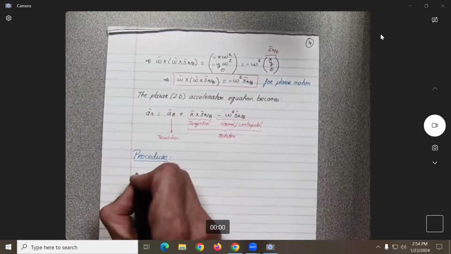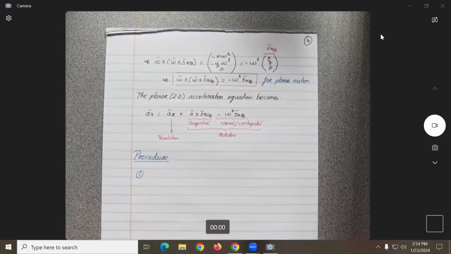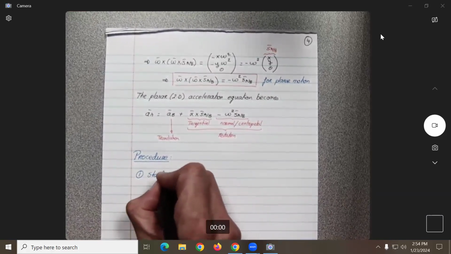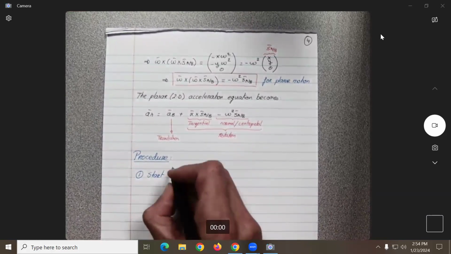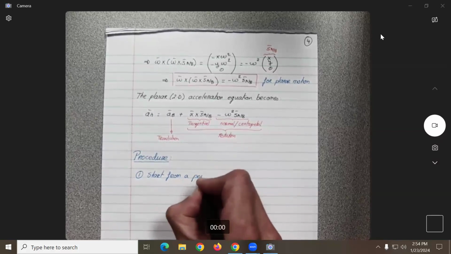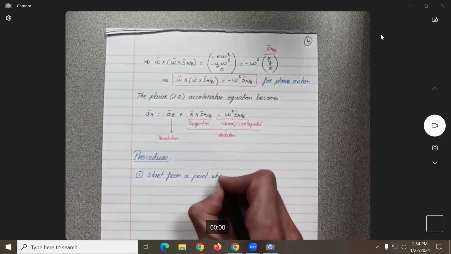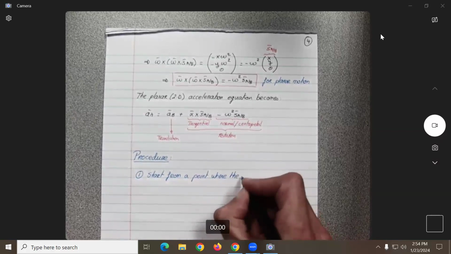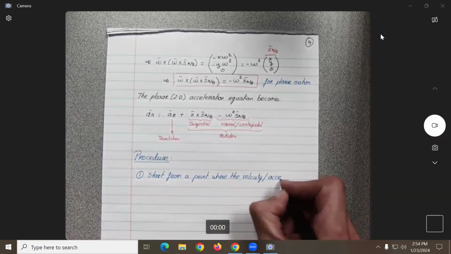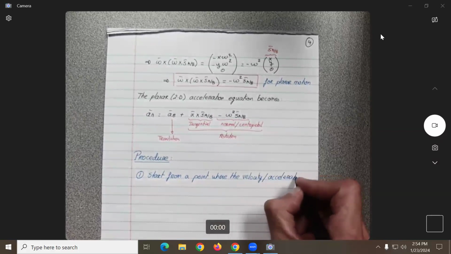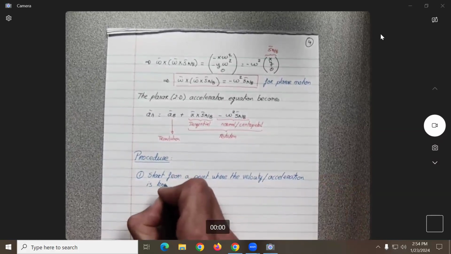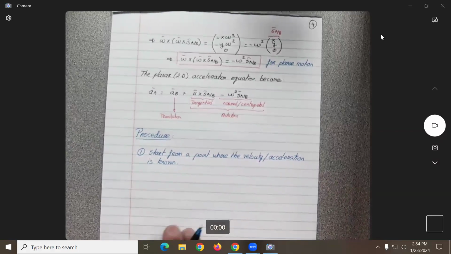Before all, you draw the figure, but step one: start from a point where the velocity or acceleration, depending on the problem we are solving, is known.